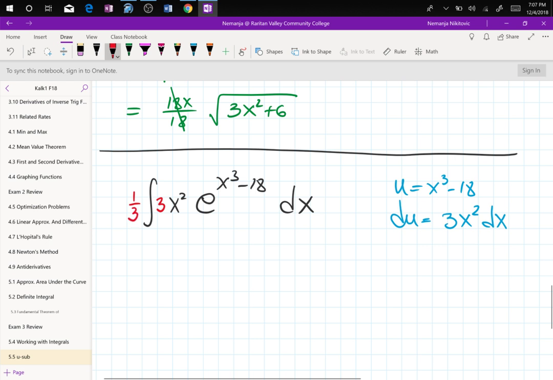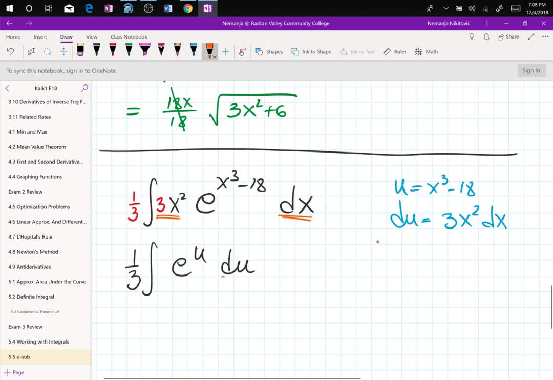So we fix it. Now, don't fix your original integral unless you have a different color pen. So you know that you place that stuff in. If you don't have a different color pen, just write another integral and then put the 3 in. So now we have 1/3 integral e to the u du. Again, orange.